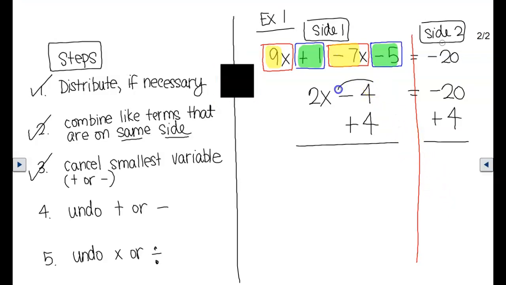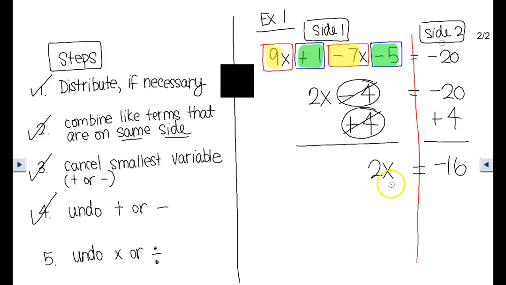All right, so subtracting 4 and adding 4 are going to cancel each other out because those are opposites. So I have 2x on this side. And then negative 20 plus 4 is a negative 16. So I end up with 2x equal to a negative 16. So check that off. And so my last step is to undo multiplying or dividing. I have 2x.